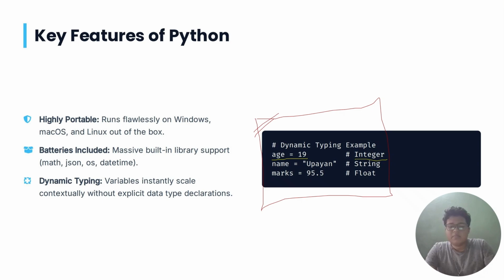Name equal to Upayan. This is a string. String means a collection of alphabets or a word, a collection of words, anything that we write within the double inverted commas. Marks 95.5. Float. Float numbers, floating numbers, we have read about it. Anything with a point is known as float.